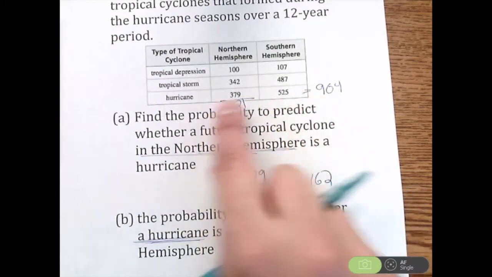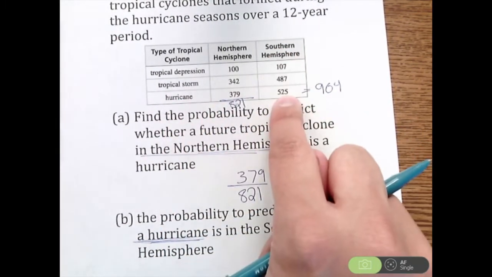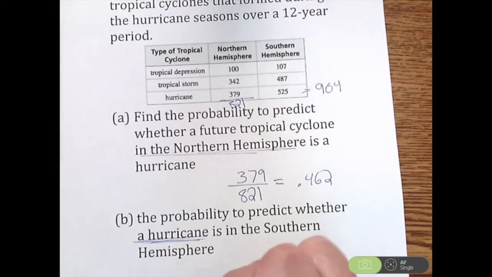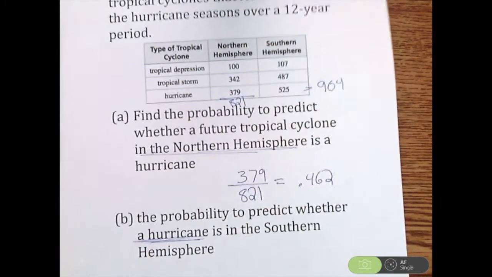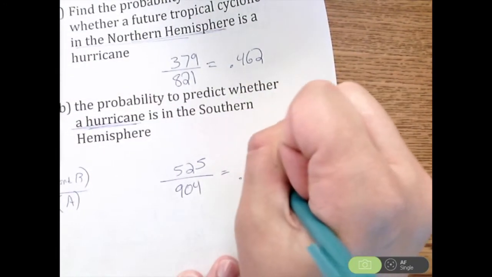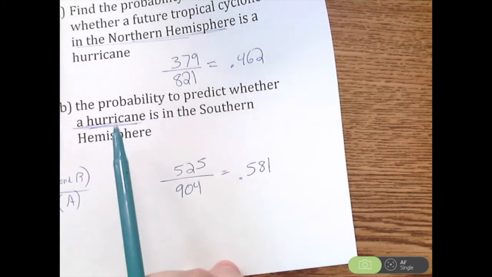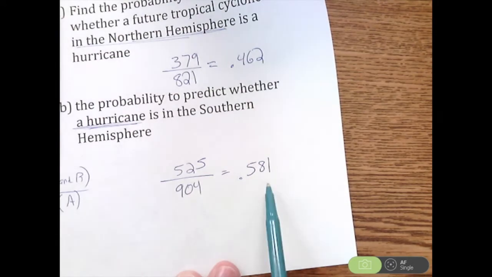Well, of 904 total hurricanes, how many were hurricanes in the southern hemisphere? That was 525. So 525 divided by 904 becomes 0.581. 0.581 is the probability that you have a hurricane that is in the southern hemisphere.